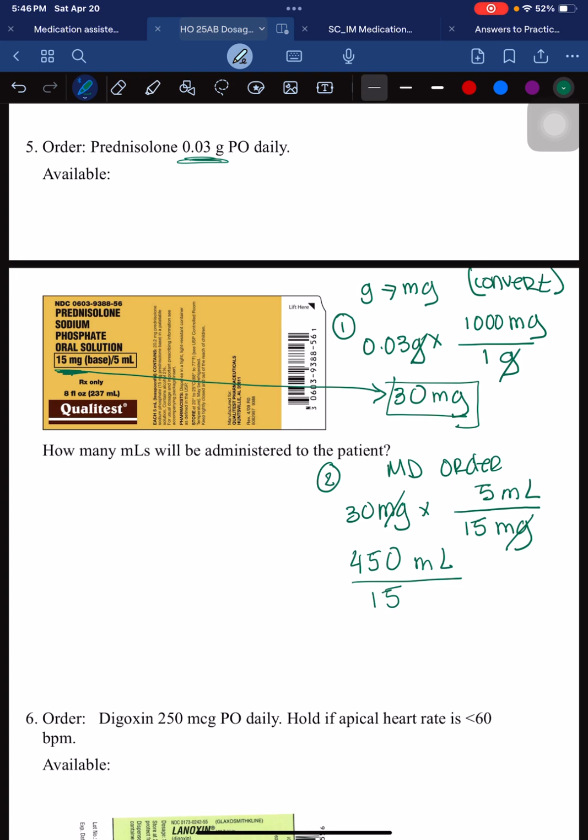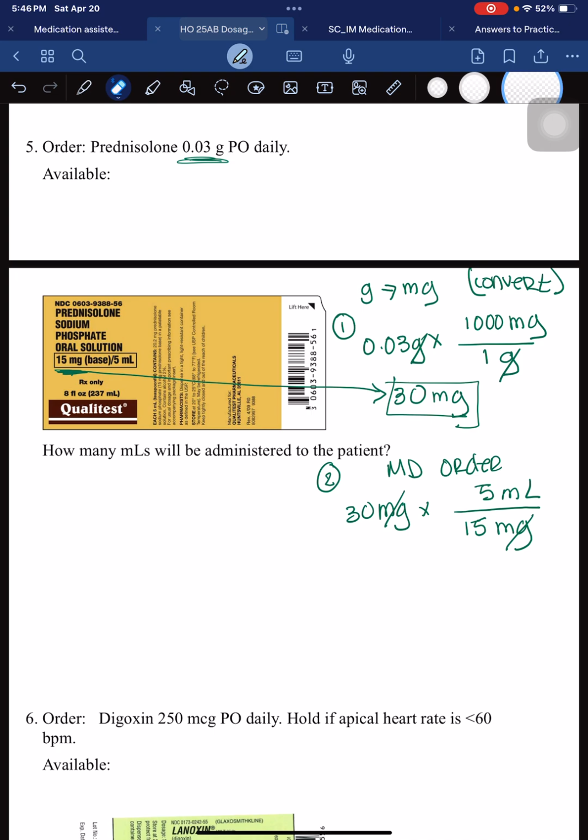So 450 divided by... so 30 times 5 is 150. Sorry, I miscalculated this one. Let's try this again.